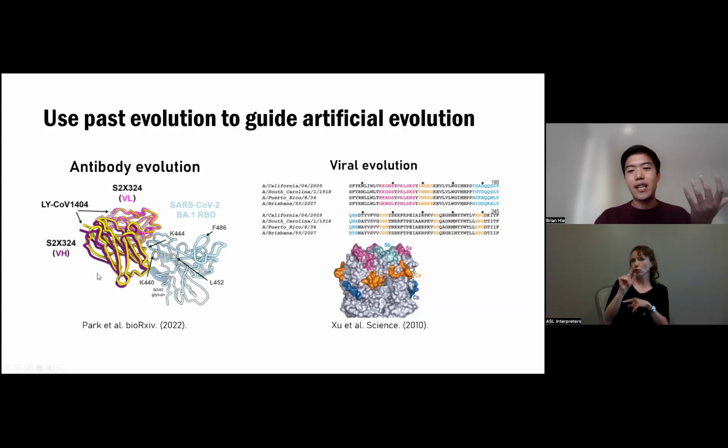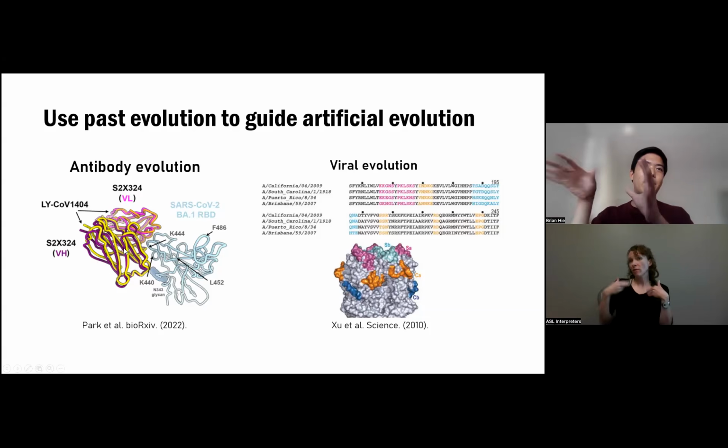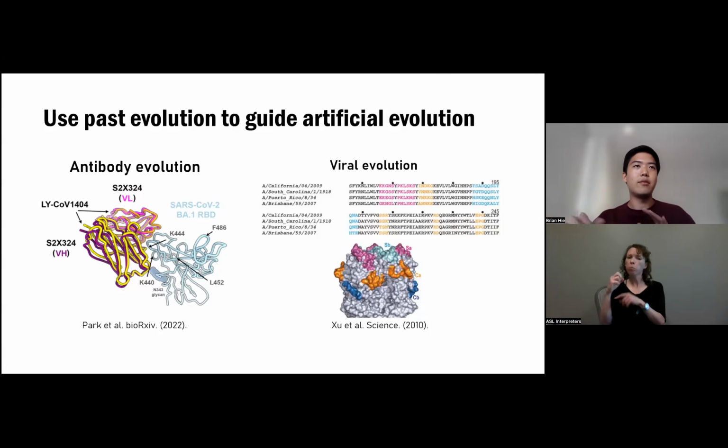They have 87% amino acid sequence similarity in the heavy chain and 91% similarity in the light chain. They both bind the same epitope and have very similar bound conformations. So this is one example of this convergent evolution of antibodies.